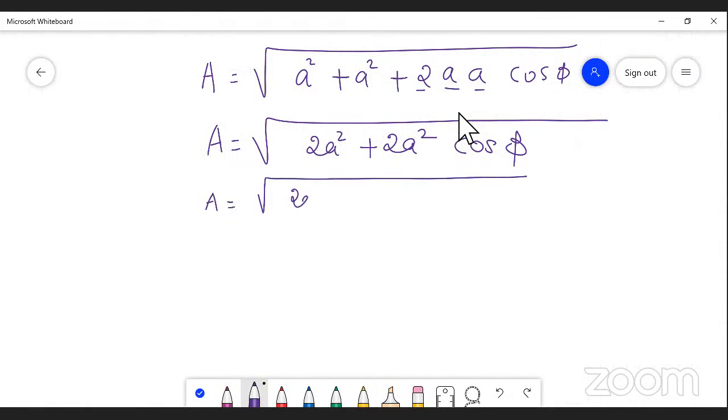So 2A square is a common factor: 1 plus cos phi.